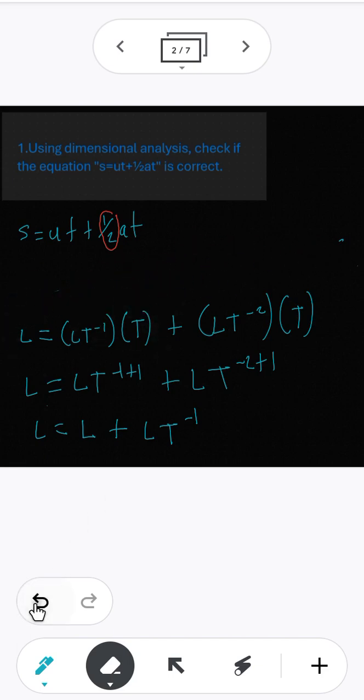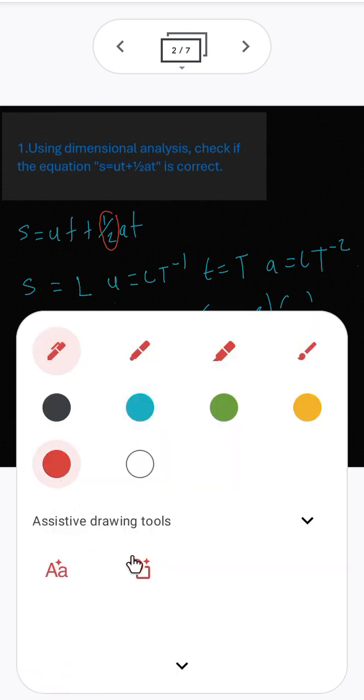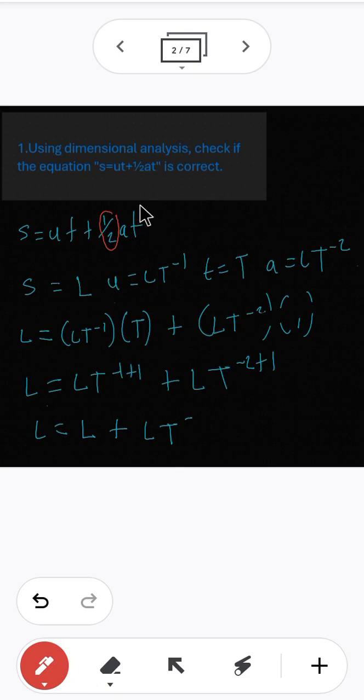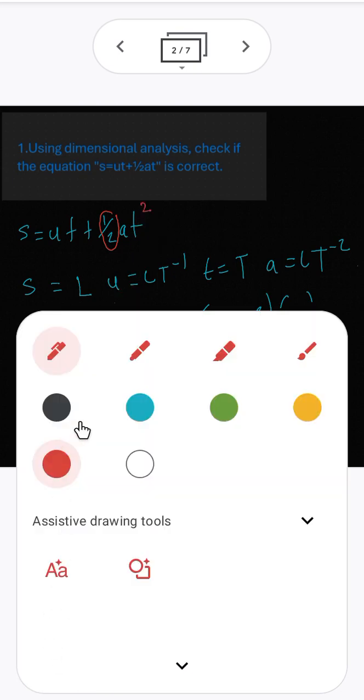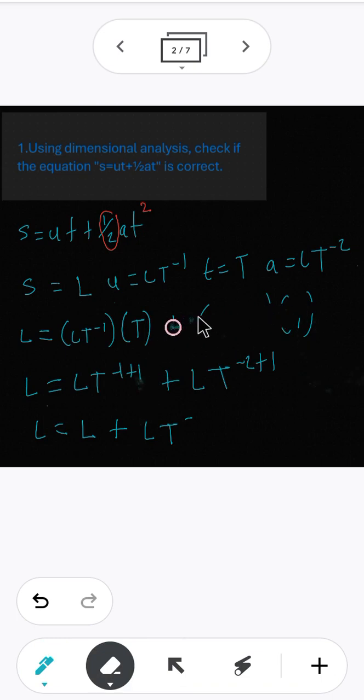Clean this. Now the correct equation is half AT square. So let's try to use half AT square to see if we would get a homogeneous equation or not.